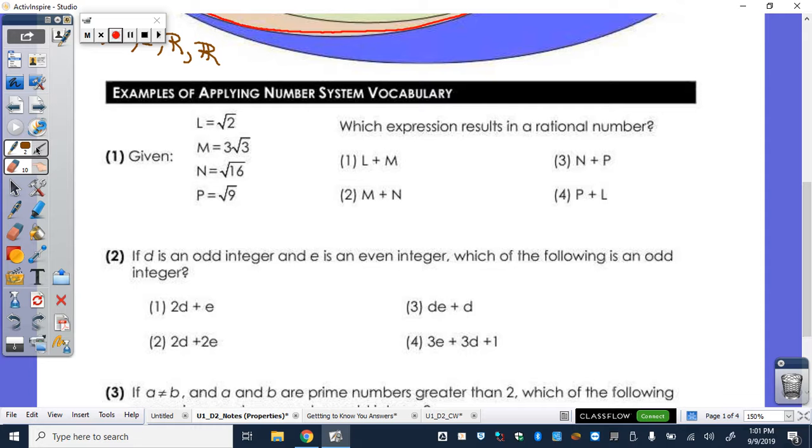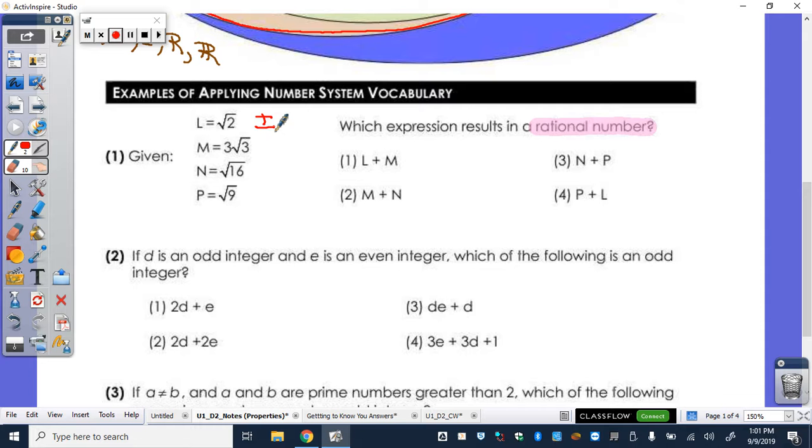So let's take a look at our examples we have down here. Which expression results in a rational number? All right, so we're trying to find a rational number. So let's start with what they gave us as choices. Let's identify those. So the square root of 2, is that going to be rational or irrational? Irrational. It's the square root of 2, so that is irrational.